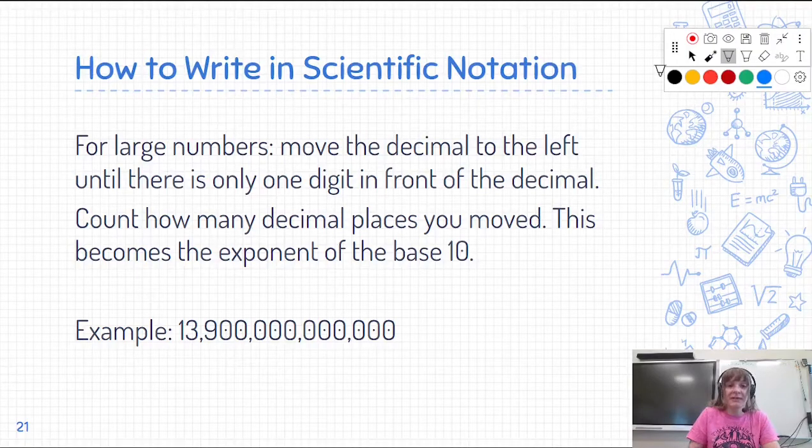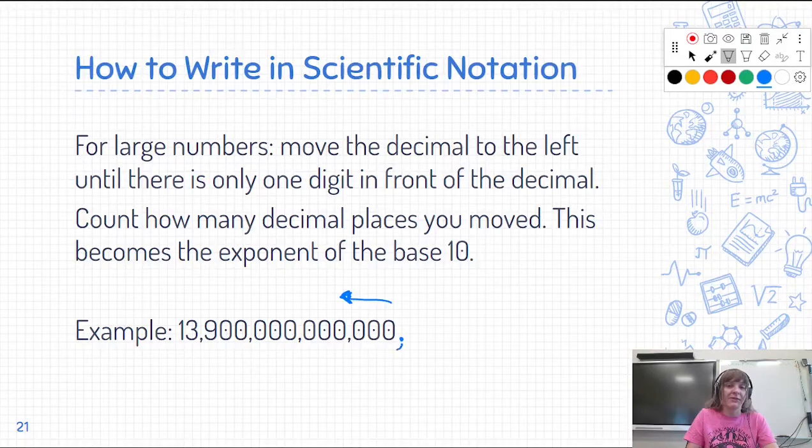Our decimal is always going to be at the very end of a big number, right? Unless there's already a decimal somewhere written down, but right now it's at the end. So we're going to take this decimal and we're going to move it to the left. And we have to count how many times we move it to the left. The way I like to do this is I like to visually show the path of it going.